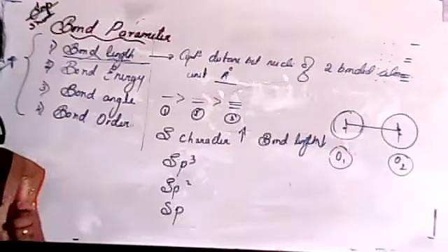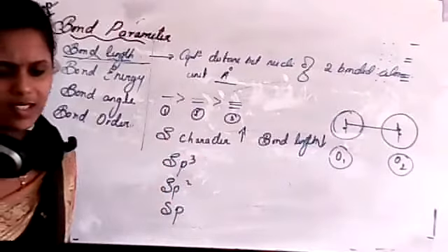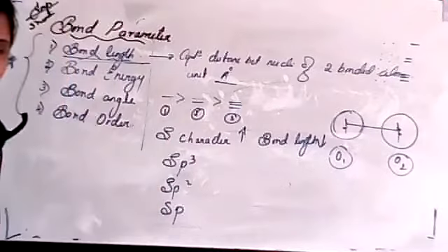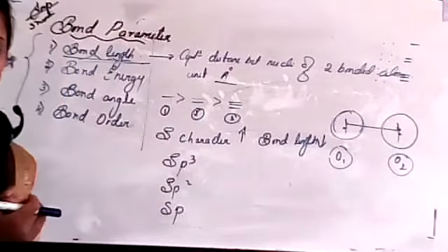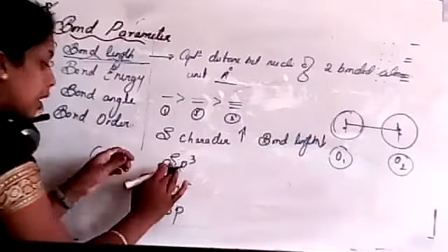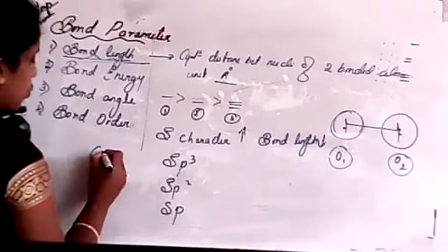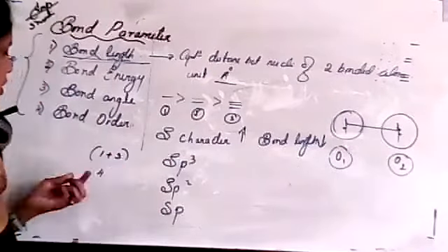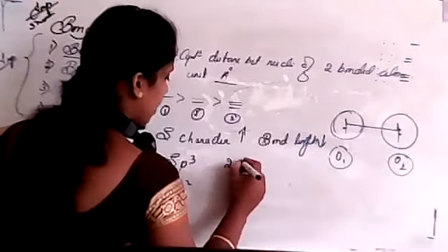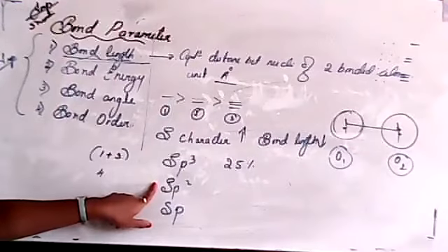You know the method to calculate the percentage, isn't it? There are 4 orbitals, 1 s and 3 p orbitals. We'll learn about this after 1 or 2 classes, okay? 1 plus 3, so the total number of orbitals is 4, that is 25%. S character is 25%. What about sp2, student?